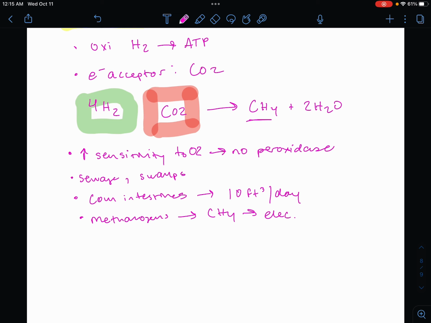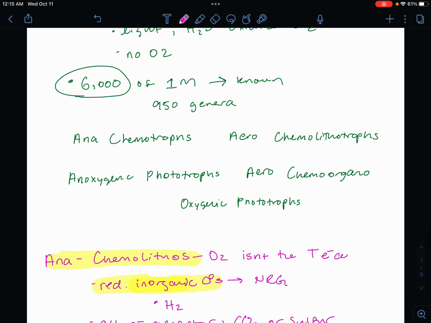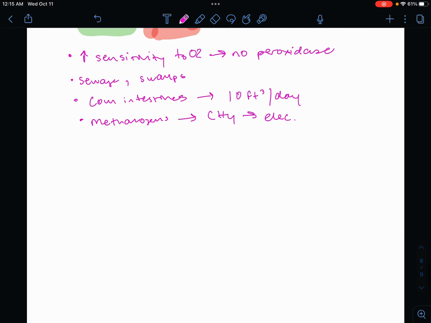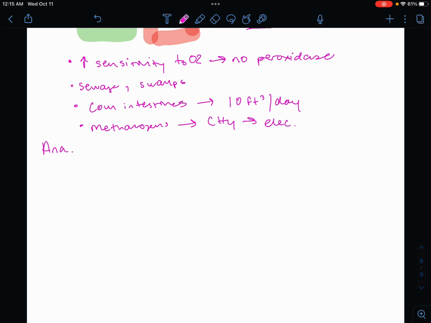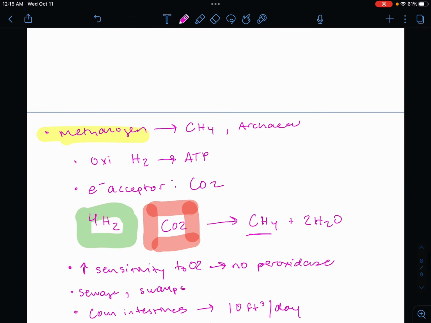Alrighty, let's go into our anaerobic chemoorganotrophs. Still going with the theme of chemotrophs, but this time these are going to be anaerobic chemoorganotrophs. So instead of inorganic compounds as the way to make energy, we're going to be oxidizing organic compounds here.